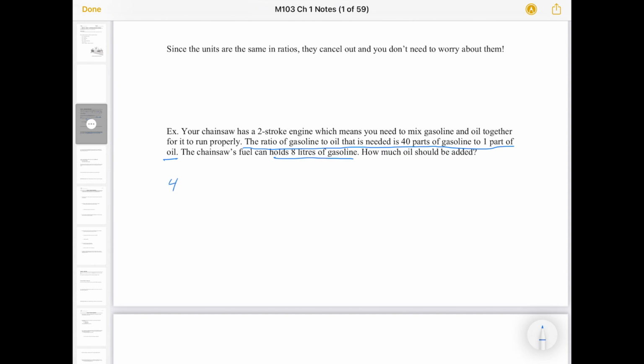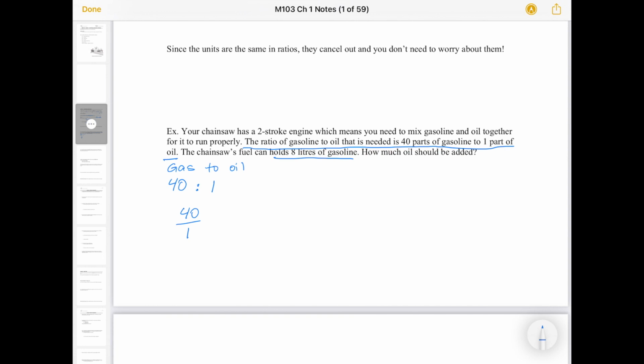Okay, so I need to do 40. Let's just go gas to oil. So I need 40 to 1. Now remember, I can also write this ratio as 40 over 1. Okay, that's the ratio that I need.